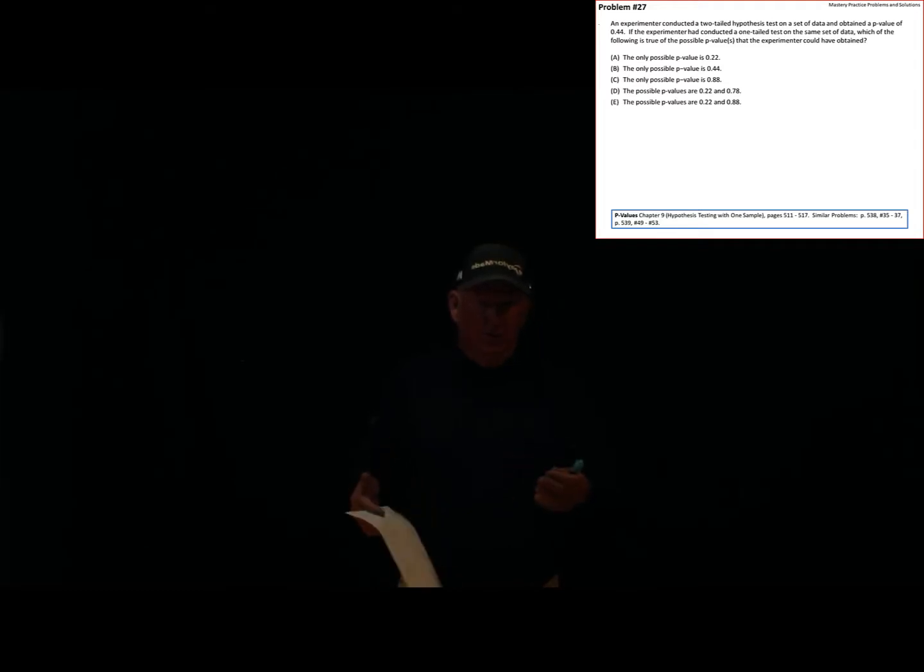But the subtleties arise, believe it or not, out of whether your test is two-tailed or one-tailed. If you're creating an experiment, how you ask the question will determine if it's two-tailed or one-tailed. If you're taking an exam, the manner in which the problem is stated determines whether it's two-tailed or one-tailed.